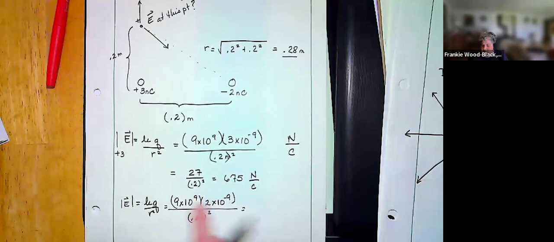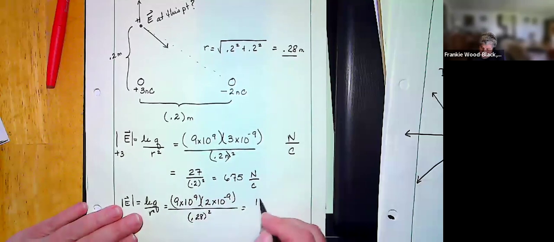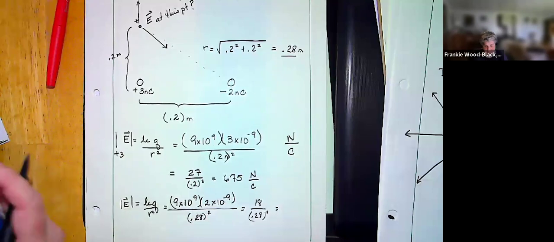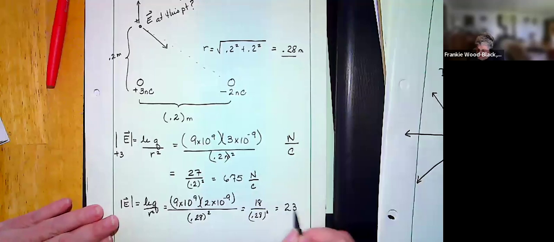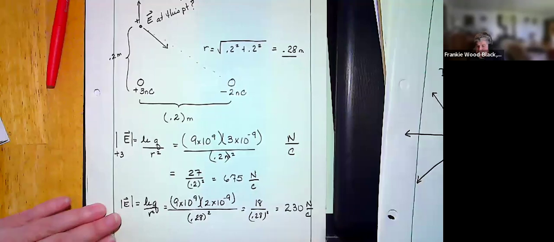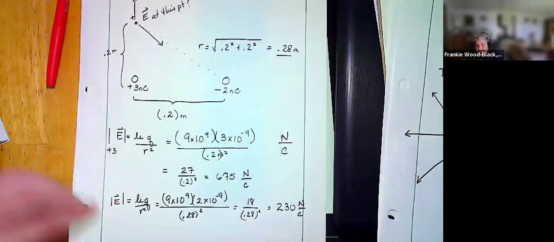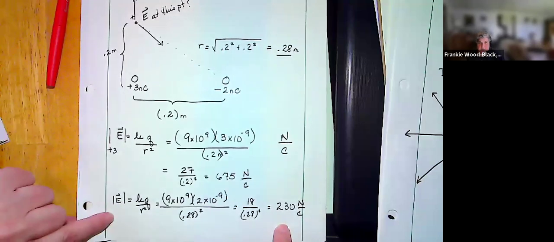So I get 18 divided by 0.28 squared. And I get something that looks like 230 newtons per coulomb. That's the magnitude of my electric field.